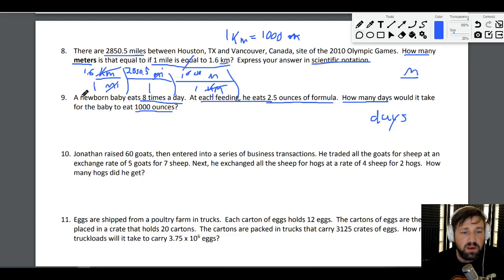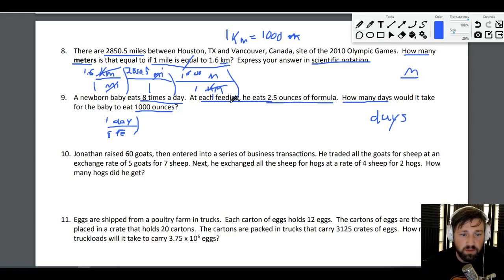All right. So look through all of the other stuff, and here we have day. We want day on top because that's what we're going to be getting to in the end. So day per feeding. And it is 8 feedings in one day. Okay, so now I've got to get rid of this feeding. Here's a feeding.